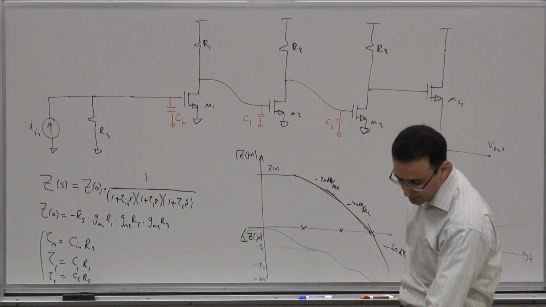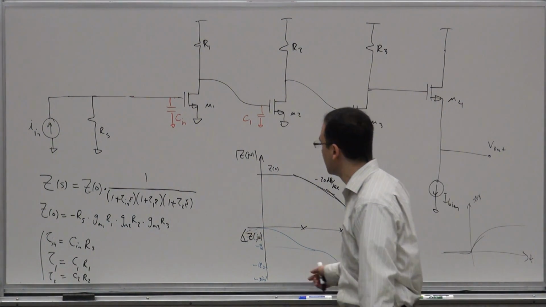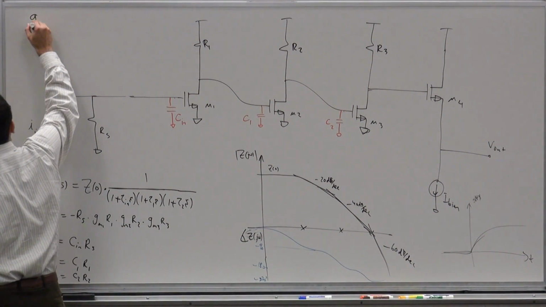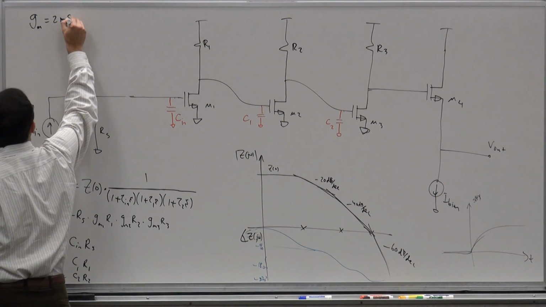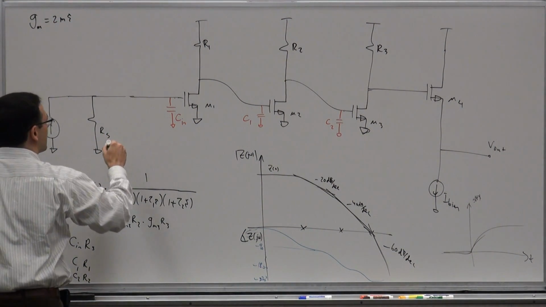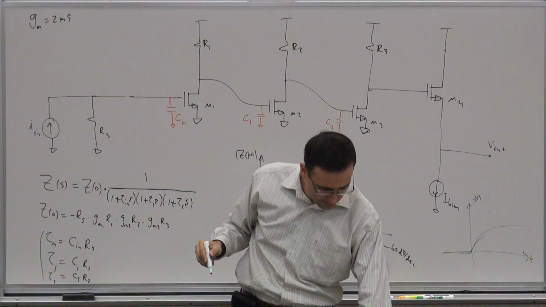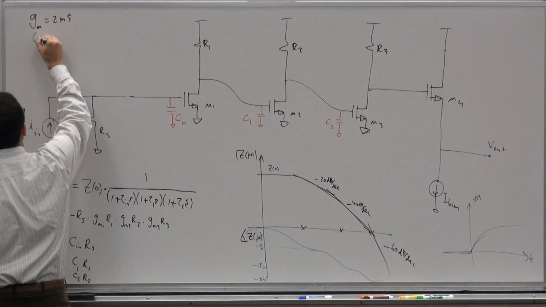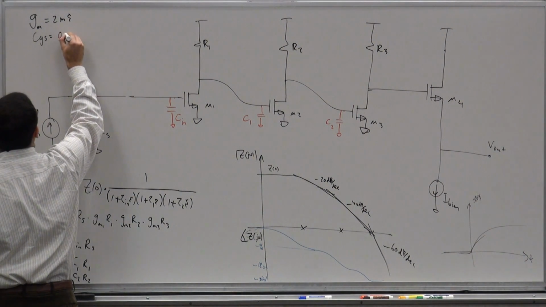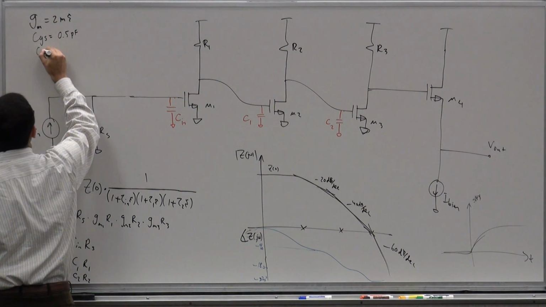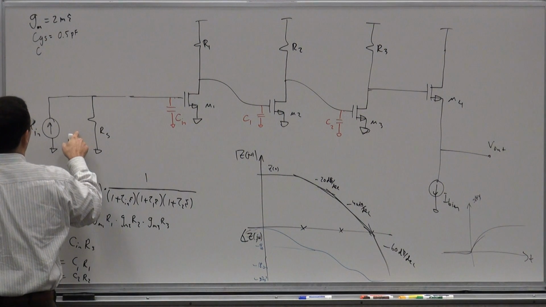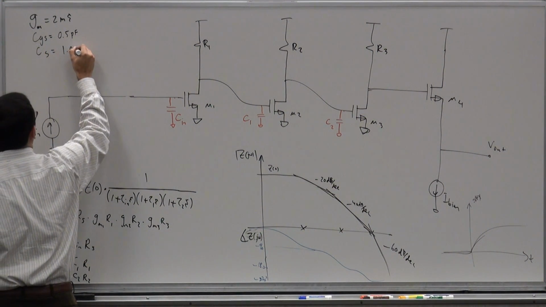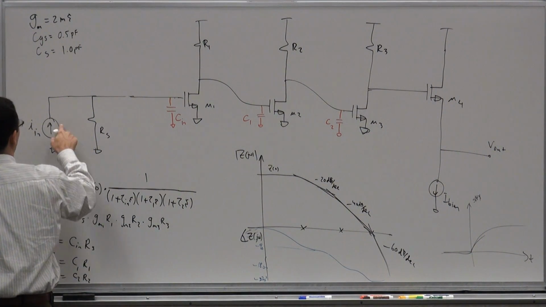And by the way, the plots that you saw are for some numerical values that we picked. So let me just put the numerical values here. It's a gm of 2 millisiemens. We are assuming a CGS of 0.5 picofarad and a CSB, I guess, of 1 picofarad for the source itself.